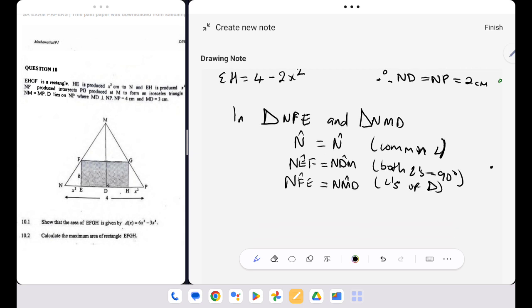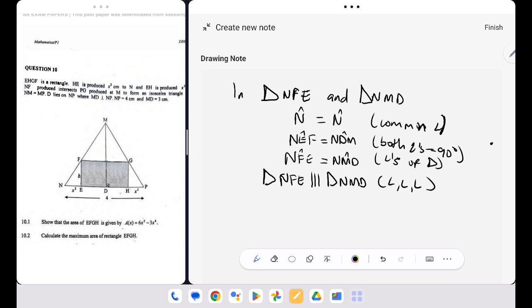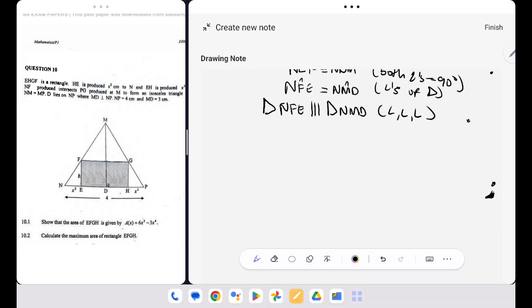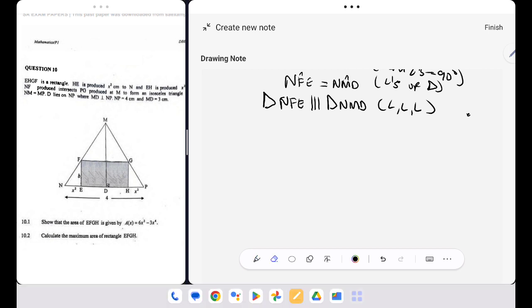So I can therefore conclude that triangle NFE is similar to triangle NMD. So if the two triangles are similar, that means the corresponding sides are in the same proportion.